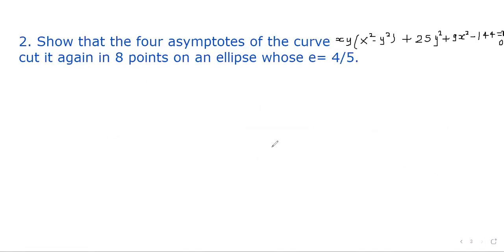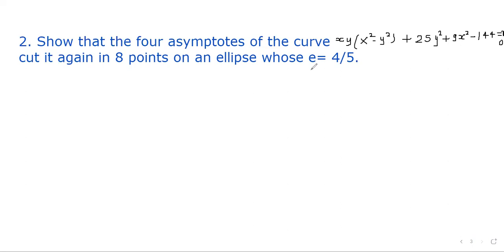Now let's consider the next question. The next question says, show that the four asymptotes of the curve xy(x² − y²) + 25y² + 9x² − 144 = 0 cut it again in 8 points on an ellipse whose eccentricity is 4/5.